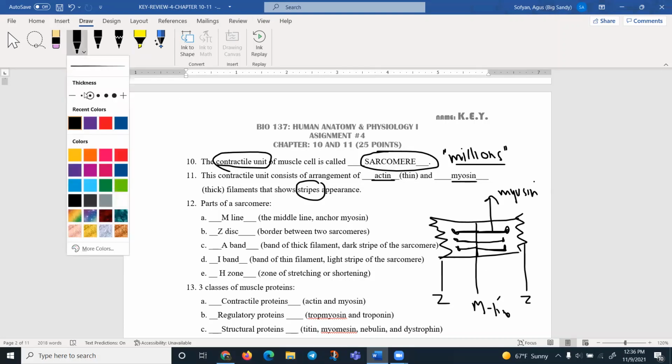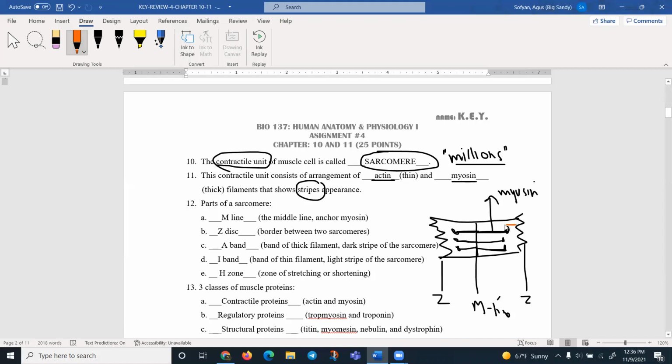And there is another protein which is thinner. This thinner protein anchors into the Z-disc. And this thinner protein is called actin.